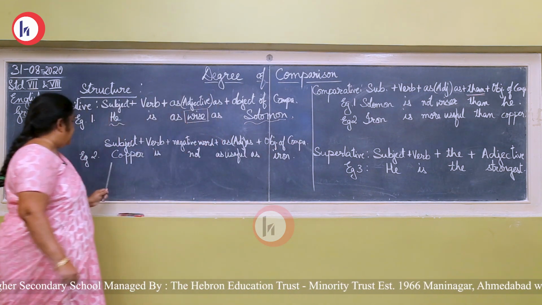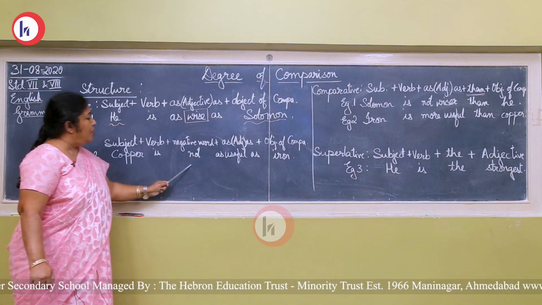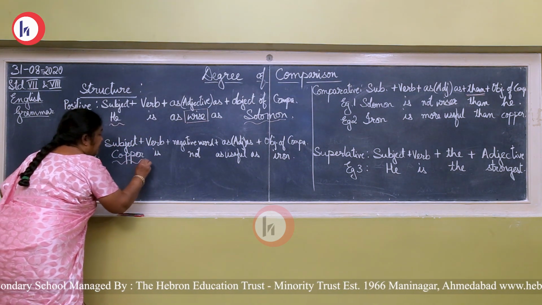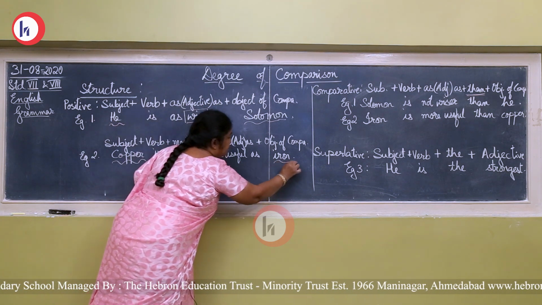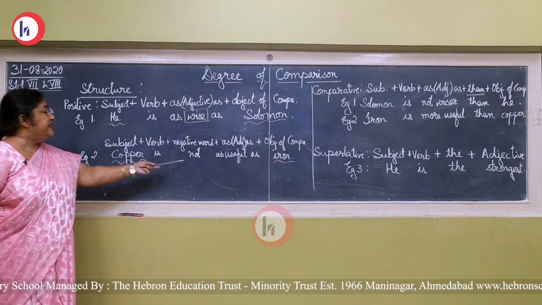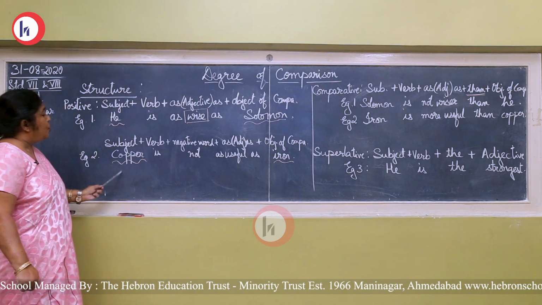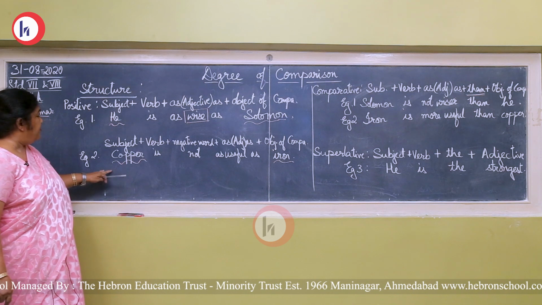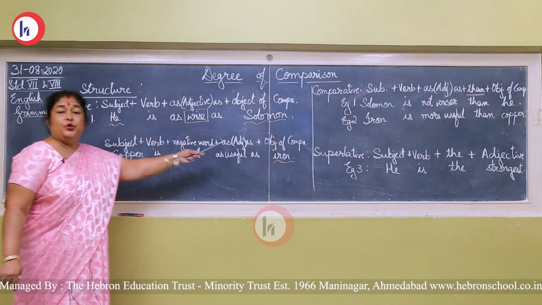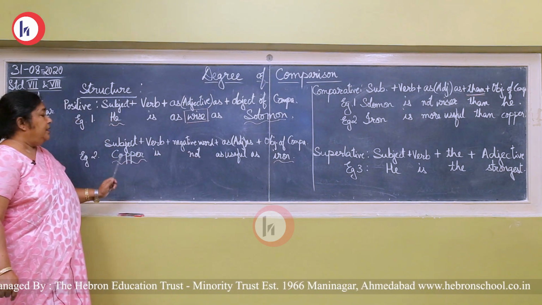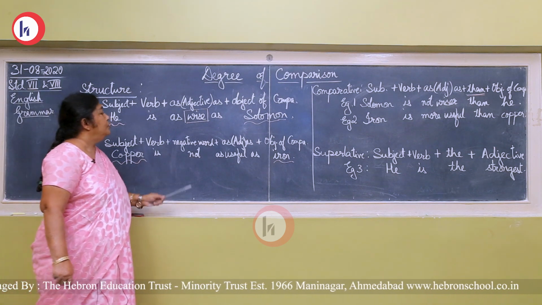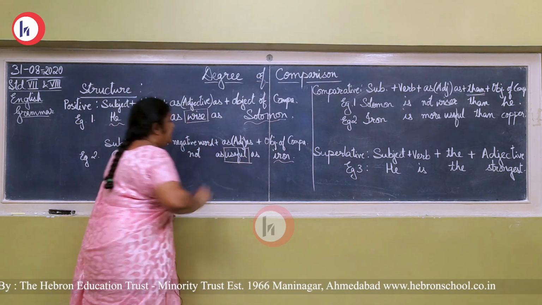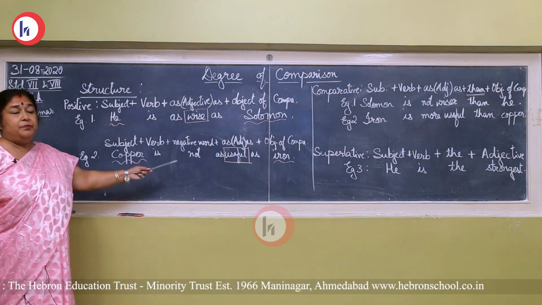Same way, this sentence: copper is not as useful as iron. Here, copper is compared and iron is compared. And we have used a negative word, not. So copper is not as useful as iron. This clearly implies that iron is more useful than copper. And this word useful shows that this sentence is in positive.